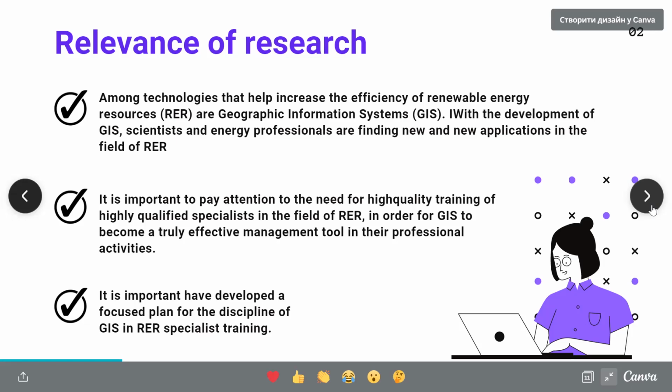According to the results of research in the world, in most student training programs in the field of renewable energy resources insufficient attention is paid to the study of GIS, in particular open source software.